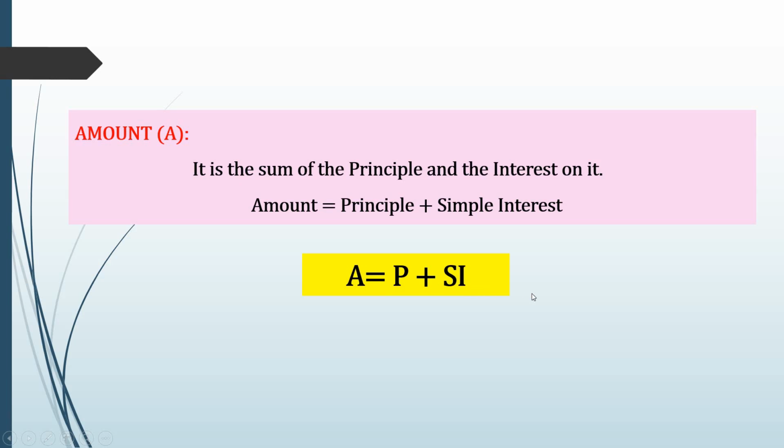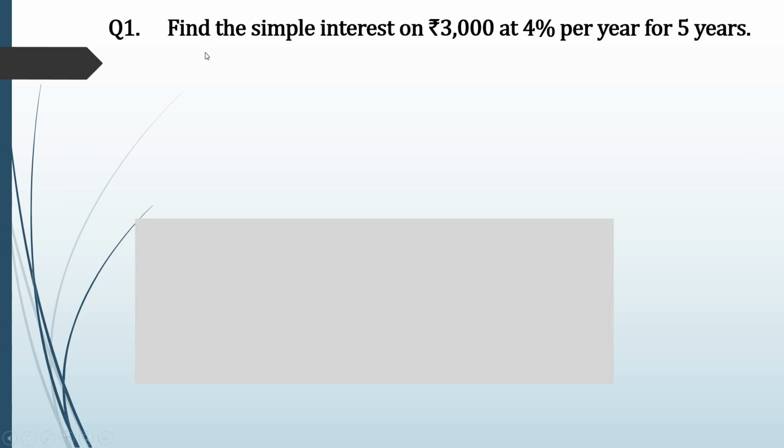So with this, we have learned all the important terms associated with simple interest in this chapter. So now let us try to solve some numericals. Let's take the example. Find the simple interest on rupees 3000 at 4% per year for 5 years.